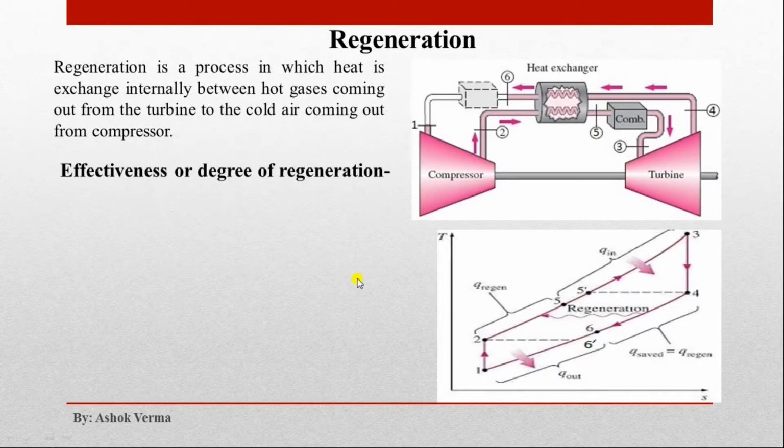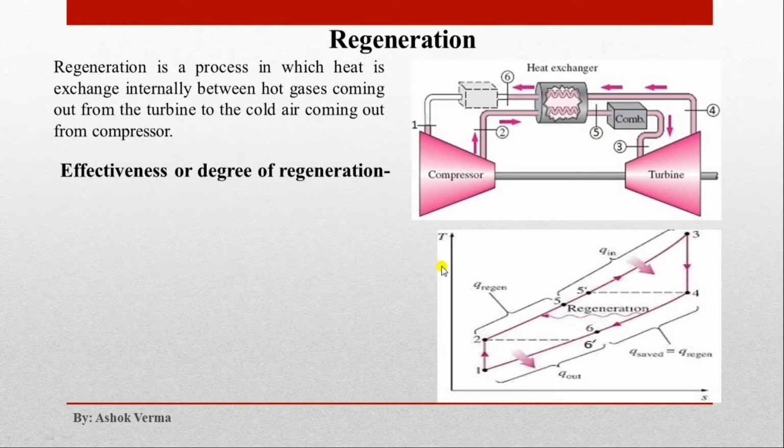So we will see the effectiveness or degree of regeneration. Since the regeneration is done in the heat exchanger, this is a heat exchanger. A heat exchanger is used to exchange the heat from one medium to another medium, means from the exhaust gas to this compressed gas.